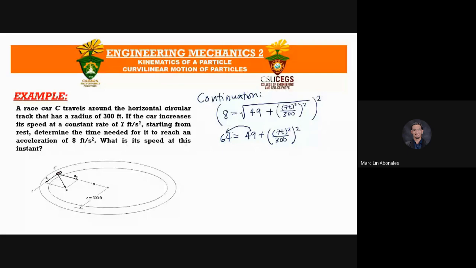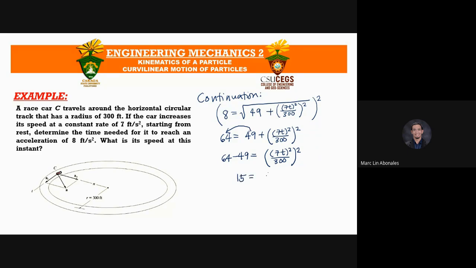So that would be 64 minus 49 is equal to 70 squared over 300 squared. Pila tong 64 minus 49? What is the value of our 64 minus 49? 15. So that would be 15.